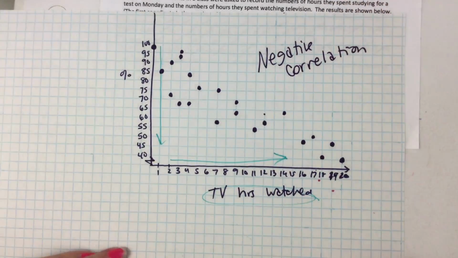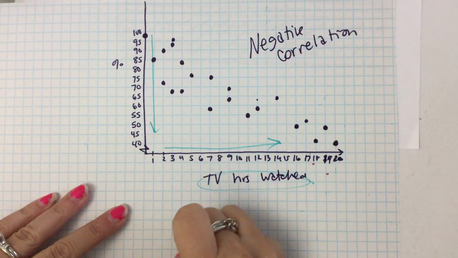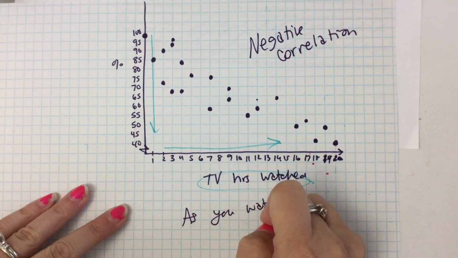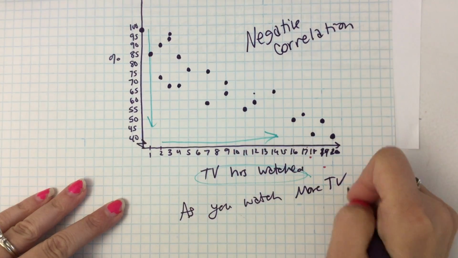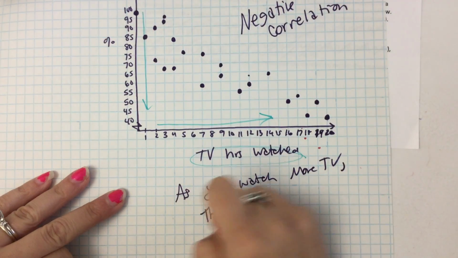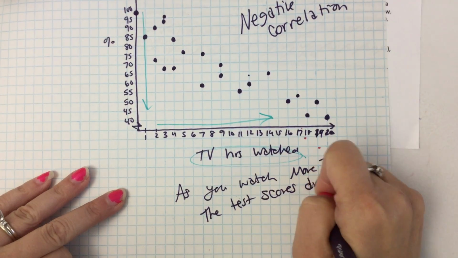Negative correlation, what does that mean? That means as whatever the X value increases, so as you watch more TV, this decreases. So as you watch more TV, the test scores tend to drop.